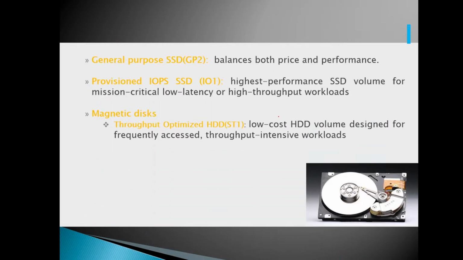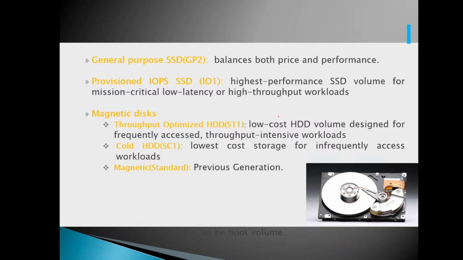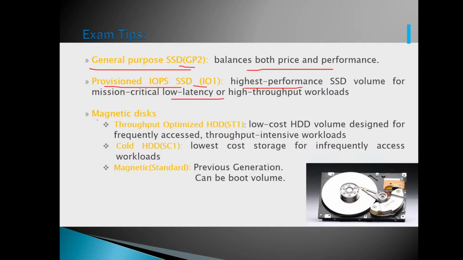Then EBS volume. We have 5 categories of EBS volume. One is general purpose SSD, second is provisioned IOPS SSD. General purpose balances price and performance. Provisioned is the high performance SSD with low latency. Then magnetic disks, which have 3 categories.